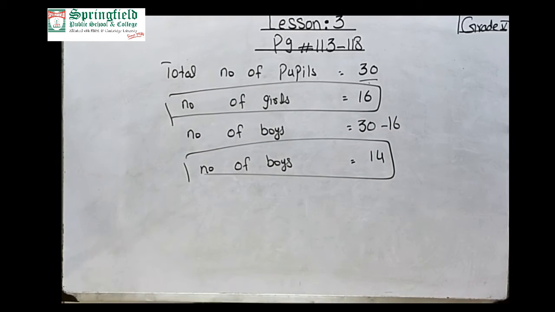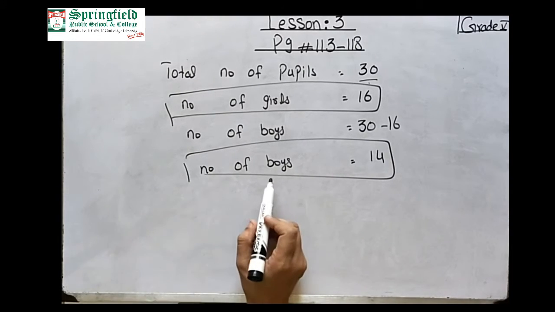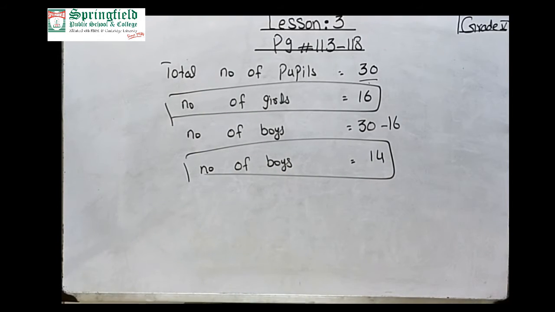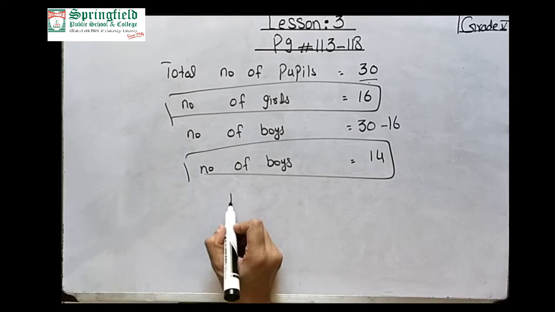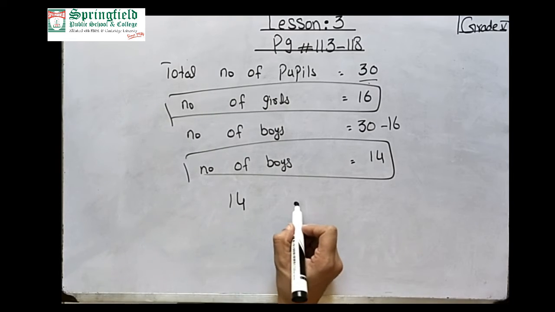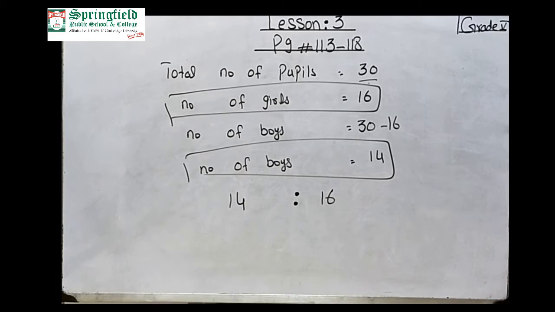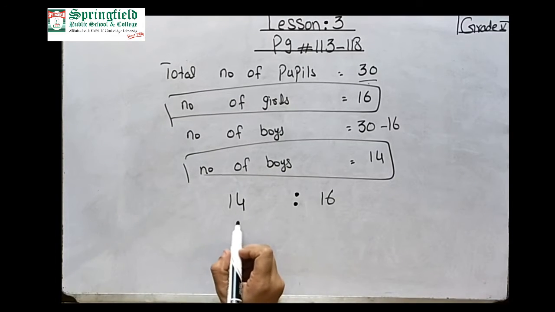And now what they are asking is the ratio of the number of boys to the number of girls. So the number of boys is 14, then the ratio sign, and then the number of girls is 16. Now simplify this.